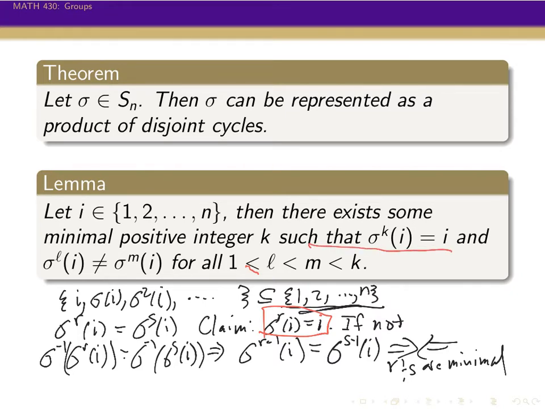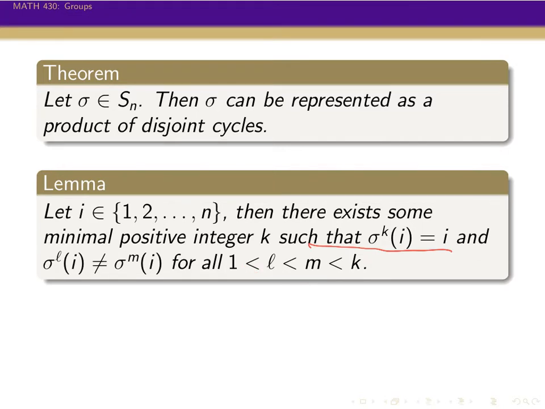Now, what about the second part? Well, the second part just follows from what we proved. So we've just shown that I equals sigma to the k of I. And again, remember this k is taking over for s, and this is the first repeat in our list. And so if it's the first repeat, that means that there can't be any other repeats before it.